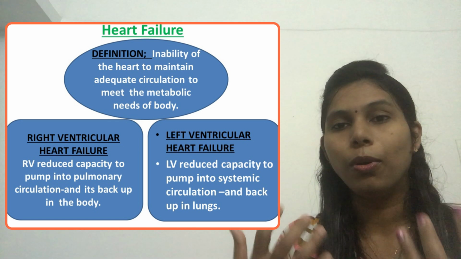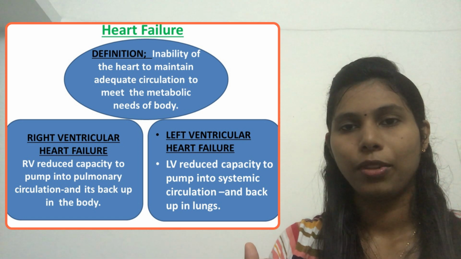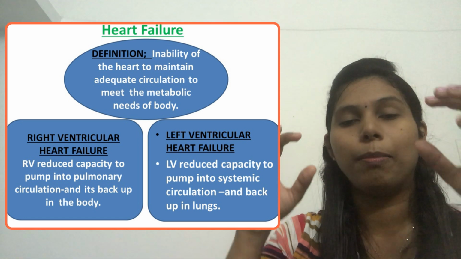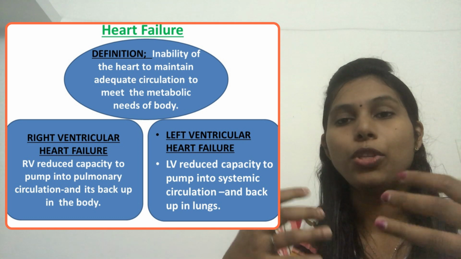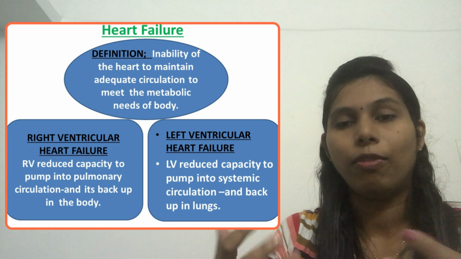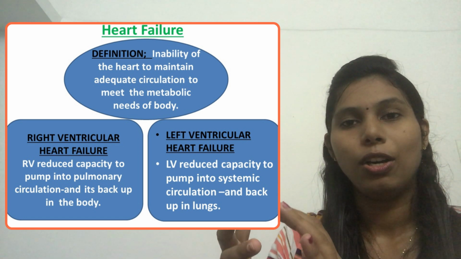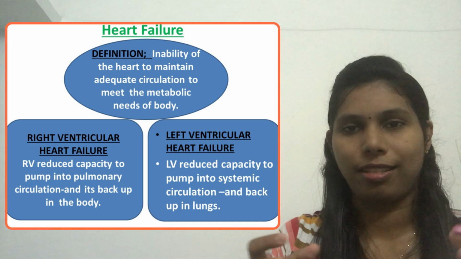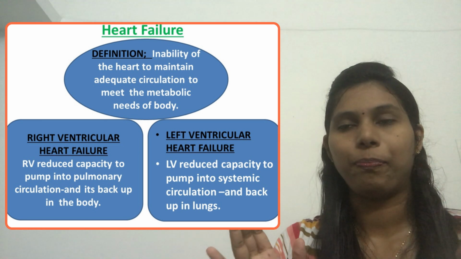Then only our body can perform all the activities very well. So when the heart is not able to do this proper work, or when the heart is unable to produce the proper circulation, what will happen? The body will not get enough blood to fulfill the metabolic needs. So that's the thing happening in heart failure.